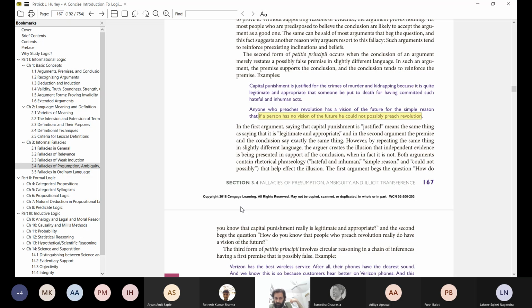Just one thing to keep in mind. This is maybe a more abstract point. It's interesting in many kinds of arguments, you can respond to arguments at a semantic level, where you're asking the kind of question that Ratnesh was asking, or Aditya just asked about: is it really true that you can't preach revolution unless you have a vision of the future? And you need to understand these terms. And the other is at a syntactic or logical level.